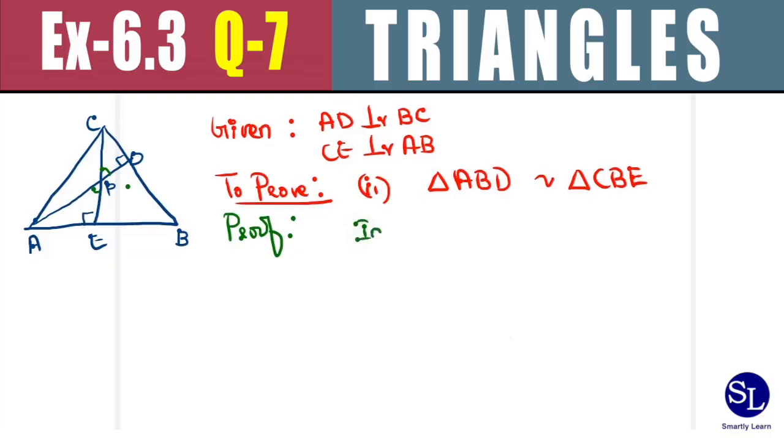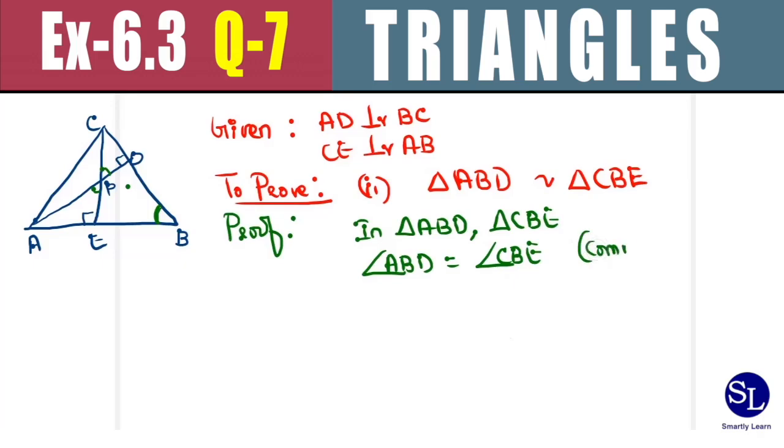In both triangles ABD and CBE, what do we know? Angle ABD is equal to angle CBE, which means we have a common angle between the two triangles. So let's write the reason: that is the common angle for us.